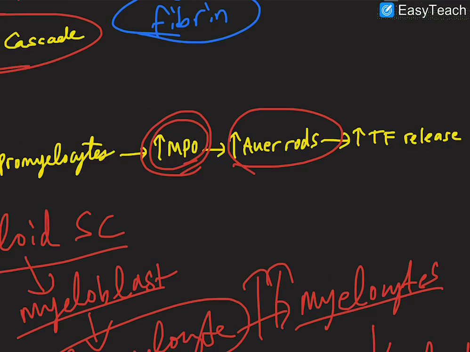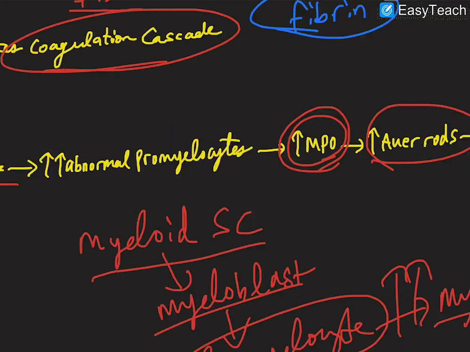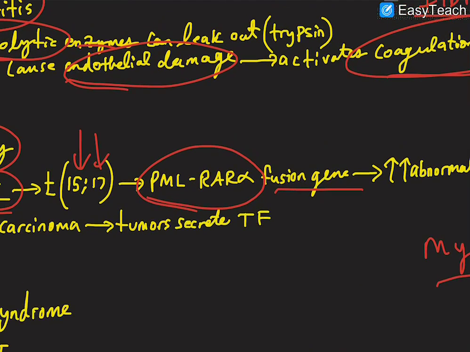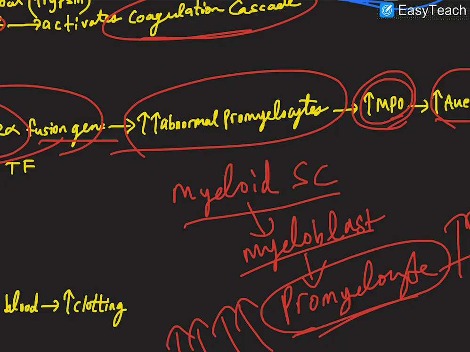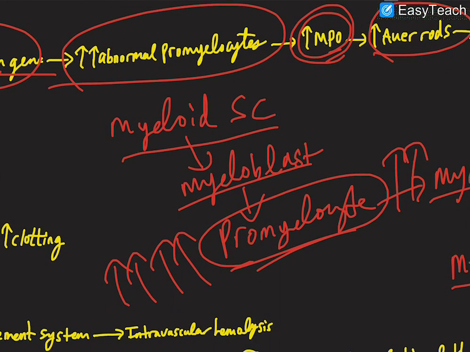So remember, in APL you have a PML-RARA fusion gene due to a 15;17 translocation. Because of this fusion gene and translocation, you stop differentiating past promyelocytes, and you just start accumulating a lot of promyelocytes.